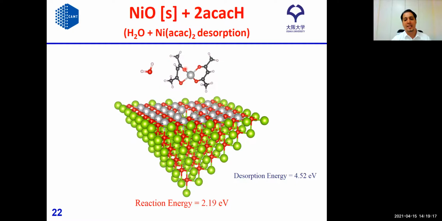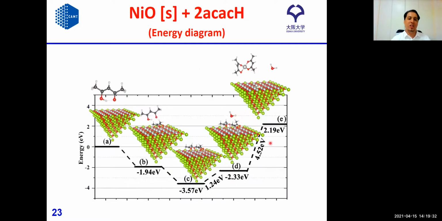And in that case, the reaction energy goes to 2.19 eV, and the needed energy to dissolve this nickel complex is reduced to 4.52 eV. From these calculations, we can plot the energy diagram. As you can see here, we reach the most stable state when both of them are adsorbed, and the reaction energy goes to -3.57 eV.